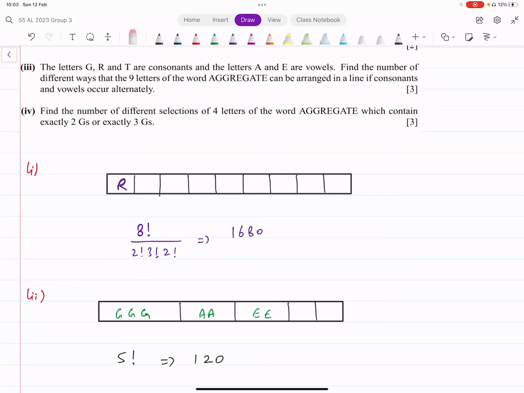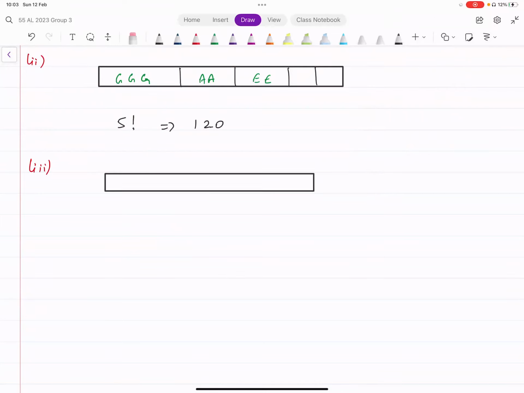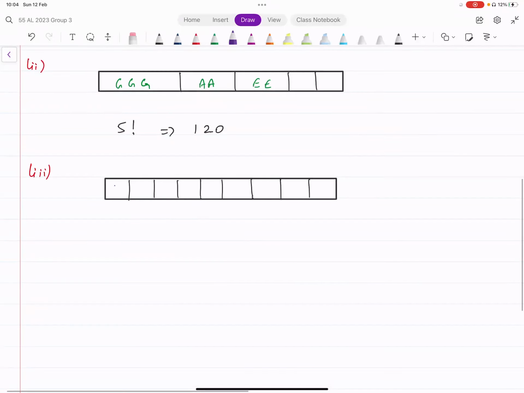So we'll put the consonants at the ends, and the vowels in between. So it's going to be like this. We have consonant 1, 2, 3, 4, 5, and then you have vowels in the middle, V1, V2, V3, and V4.